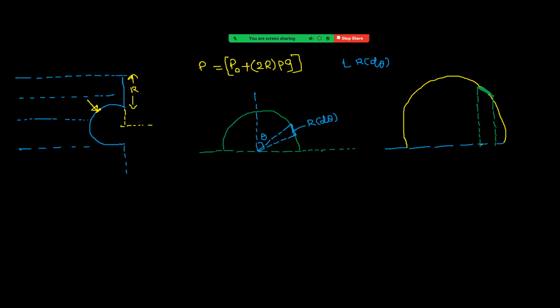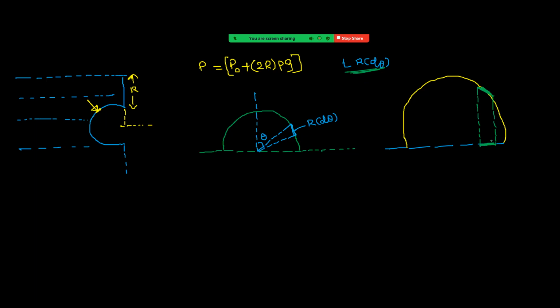Corresponding to that, you can see projection here. This area equal to L into r d theta. It's a corresponding projection, means it's a component on this one. Component of this area is now this one, right?